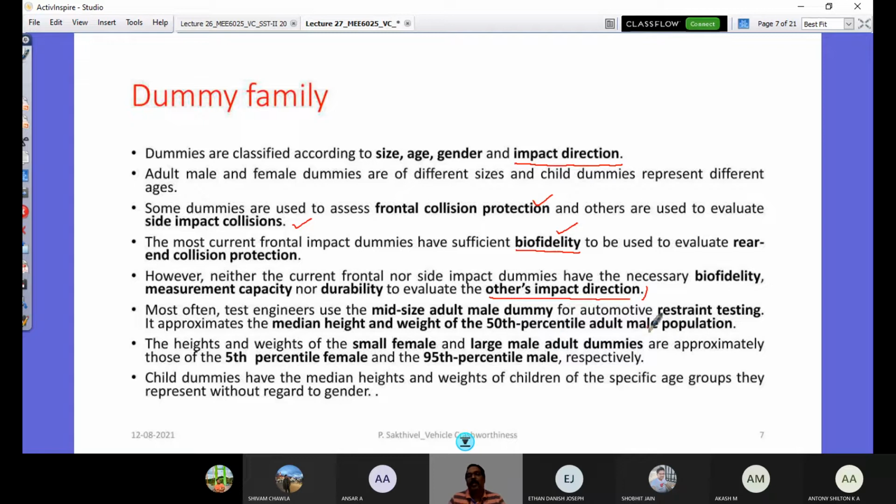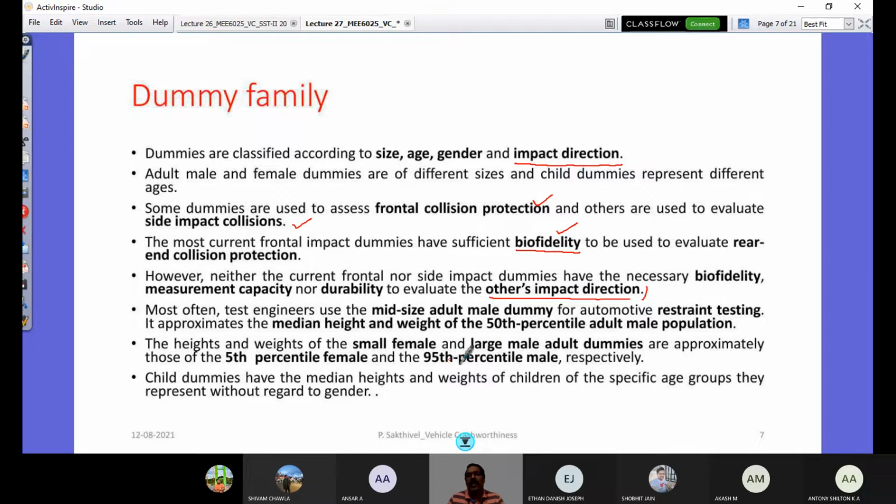The dummy which is used, the Hybrid 50th percentile male dummy, was first born in 1976. And you see there are many varieties, and then his elder brother called the 95th percentile male dummy, and the 5th percentile female dummy to represent the female population, and so on.